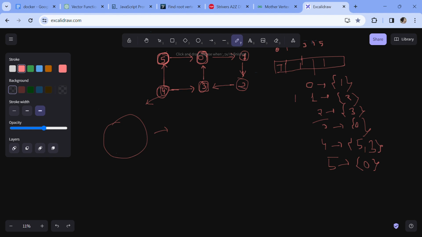It will mark it visited and I will insert 0 into my set. Then I will explore the neighbors of 0. The neighbor of 0 is 1, so 1 will be inserted into my set and marked visited. The neighbor of 1 is 2, which will also be marked visited and inserted.